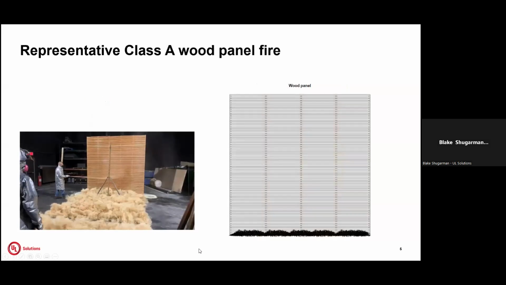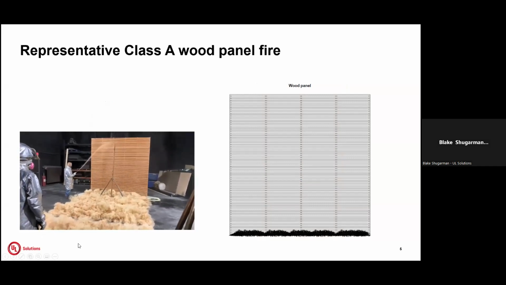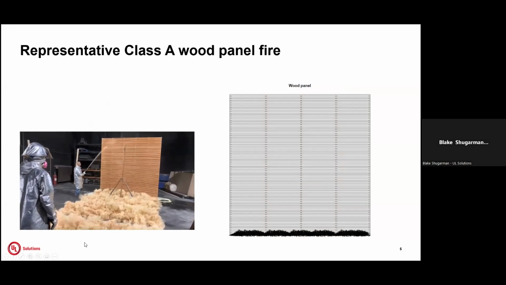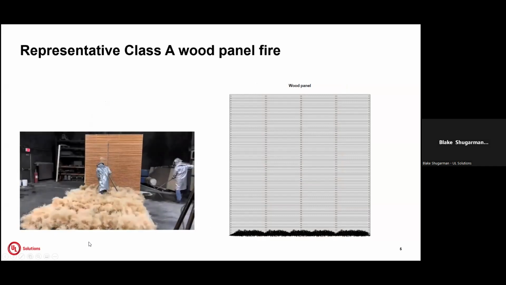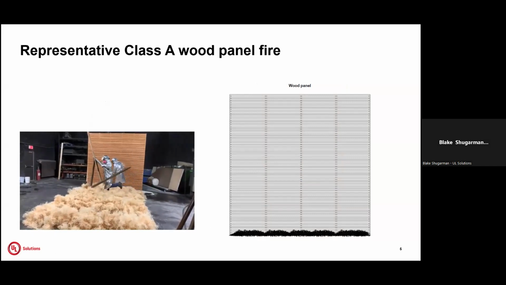This is a representative Class A wood panel fire test. In the video, it is initially seen that the panel is sprayed with kerosene to assist in the ignition sequence. Then the floor is cleaned of excess kerosene.